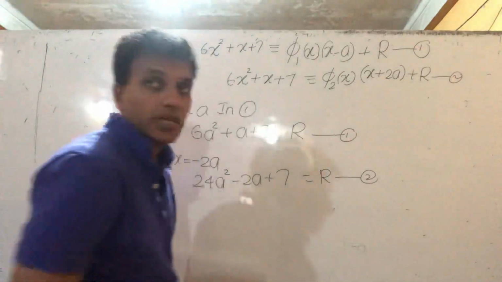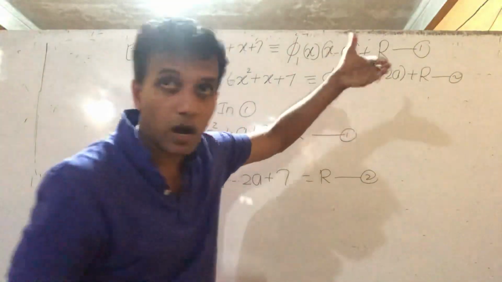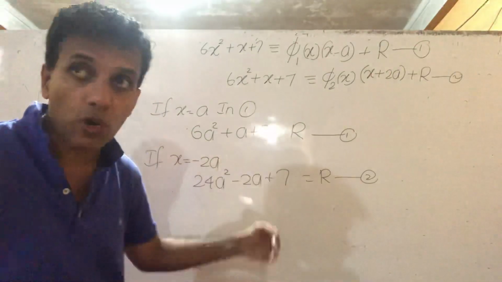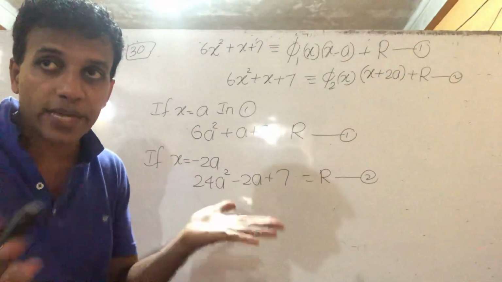I say once again, this becomes 0, this becomes 0, therefore R. So we can equate both, R equal to R. Equate both and find the a solution.